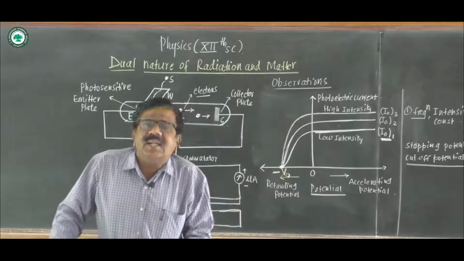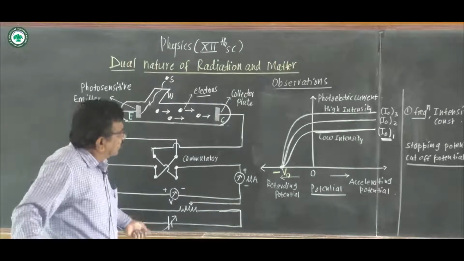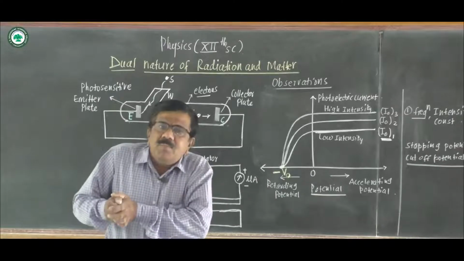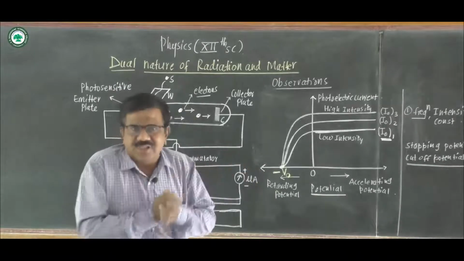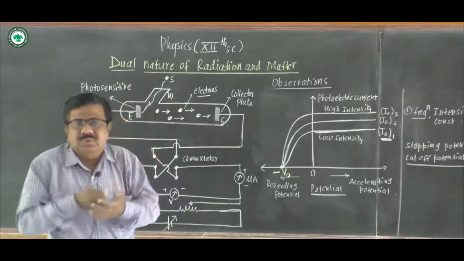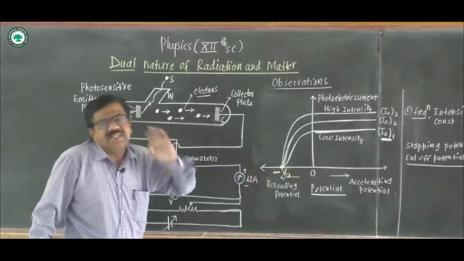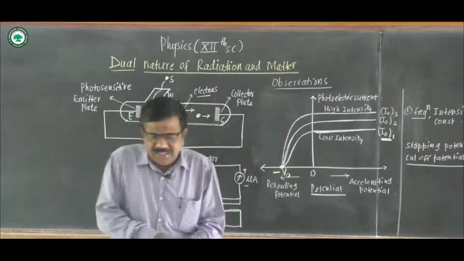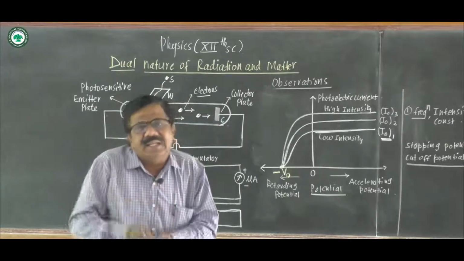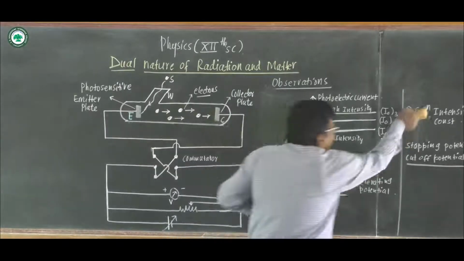Now when the photoelectric current becomes 0, what does it indicate? It indicates that this stopping potential is sufficient to repel even the most energetic photoelectrons with maximum kinetic energy.